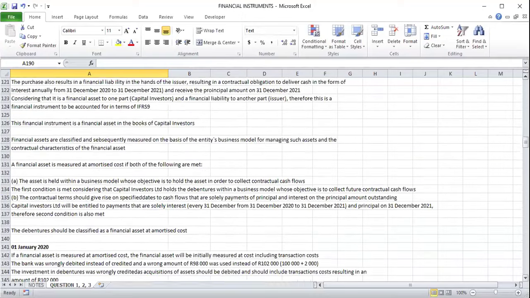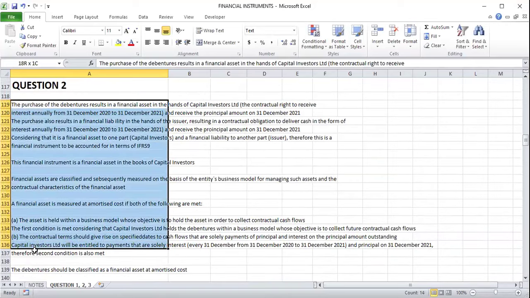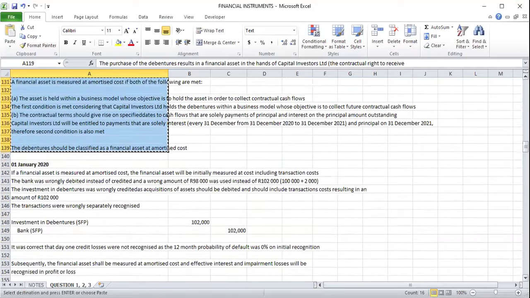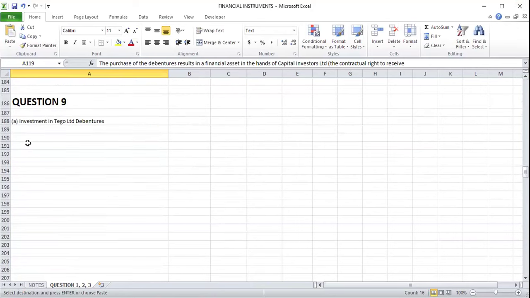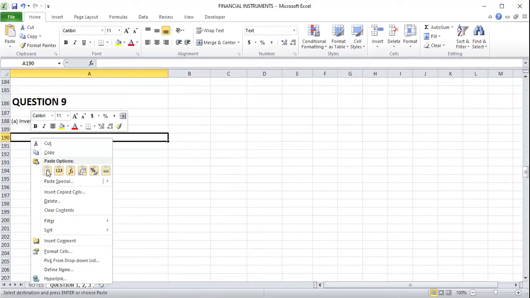Please, you can read it at your own time. This is where our answer is. I think we did it on number 1. I did it on this number 2. So I can just take it as it is there. So when you get a question on classification, this is your answer.